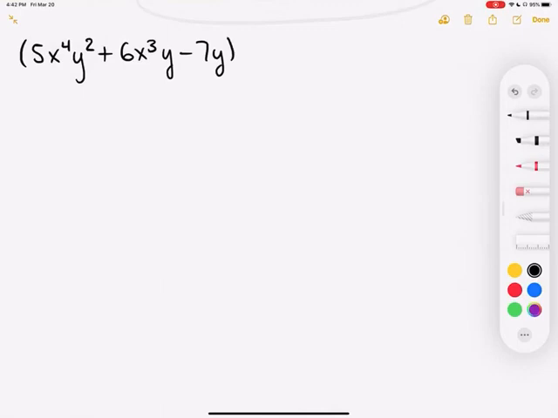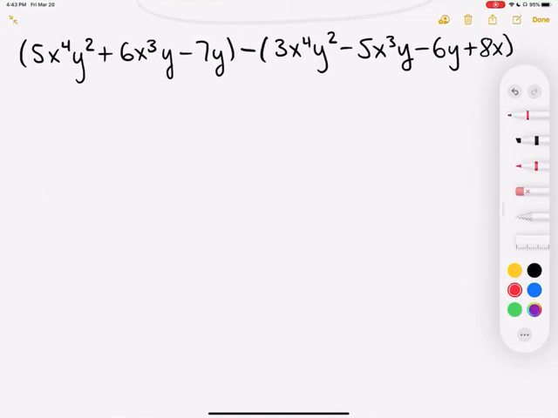That's the first polynomial. From this, I'm going to subtract 3x to the power of 4, y squared, minus 5x cubed y, minus 6y, plus 8x. So this is a subtraction that I'm going to do.